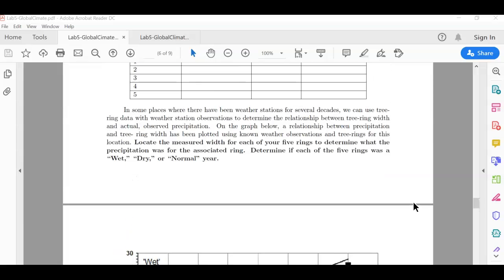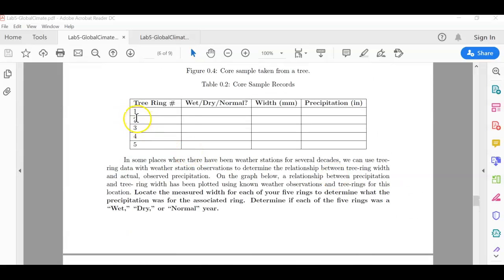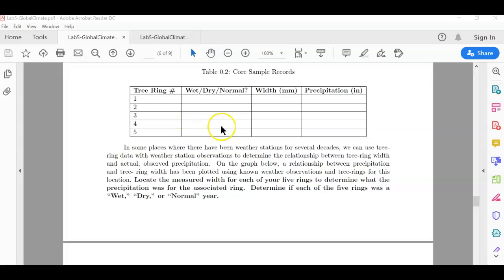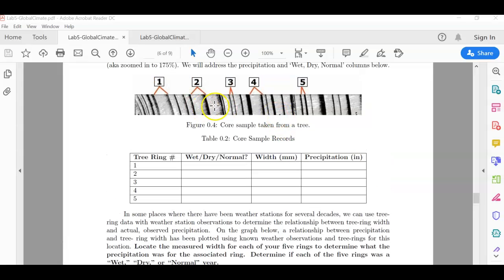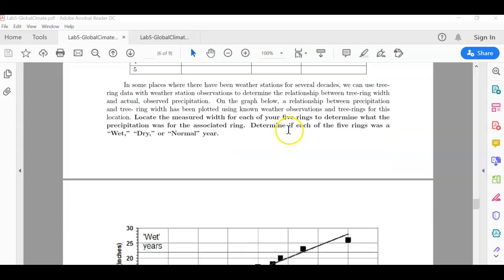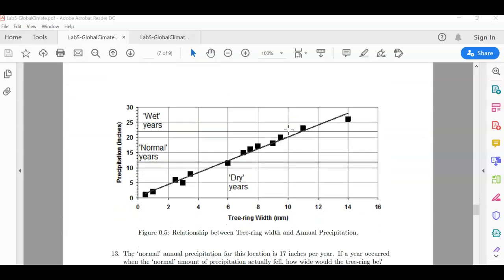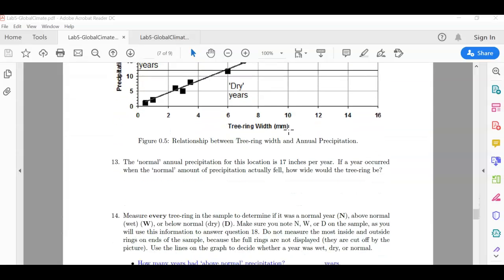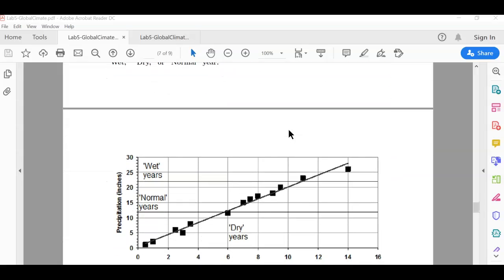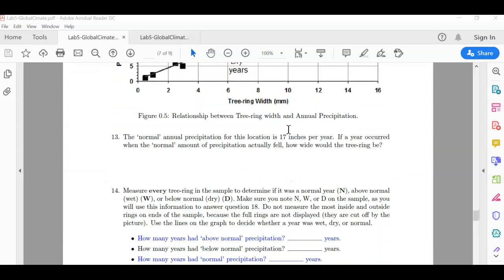And then you do the same thing for the remaining 4 tree rings. So some of them might also be wet, some of them might be dry, some of them might be in that normal range, depending on the width that you obtain from the exercise of measuring them out with your ruler. Excellent. So once you have completed that table, you're good to go and answer the following questions.